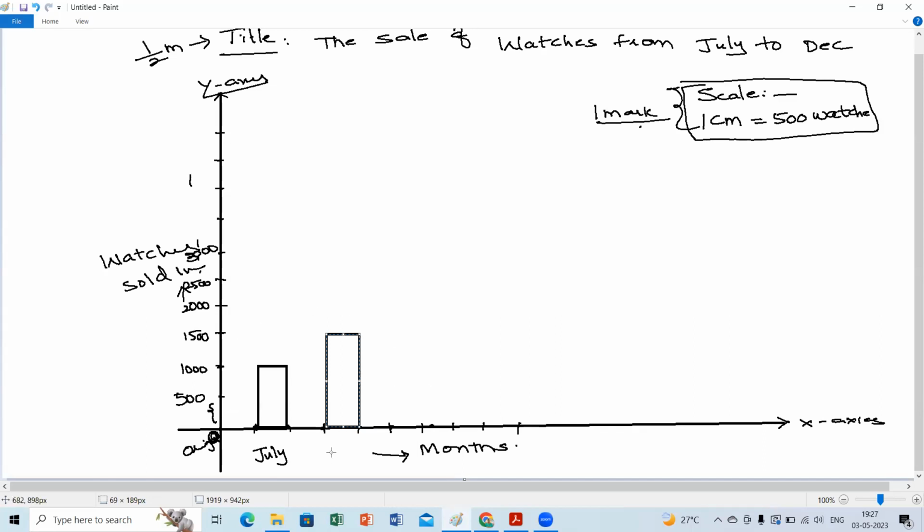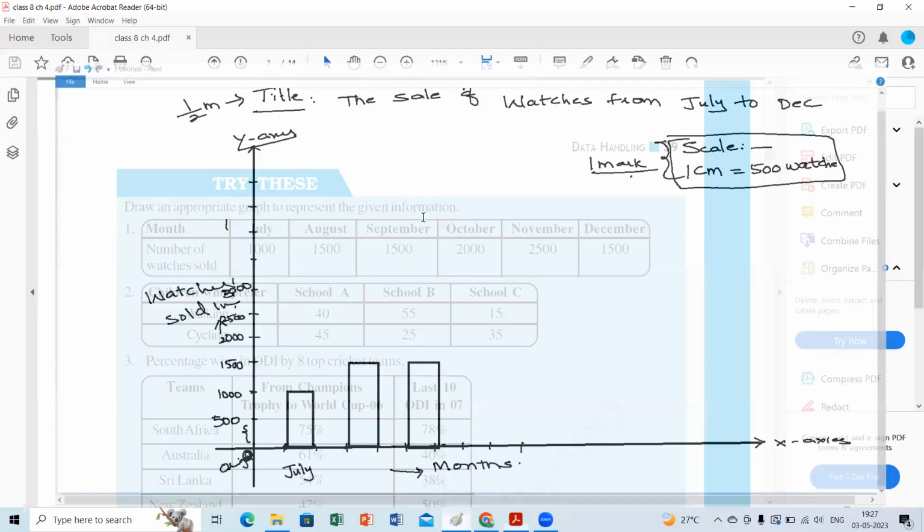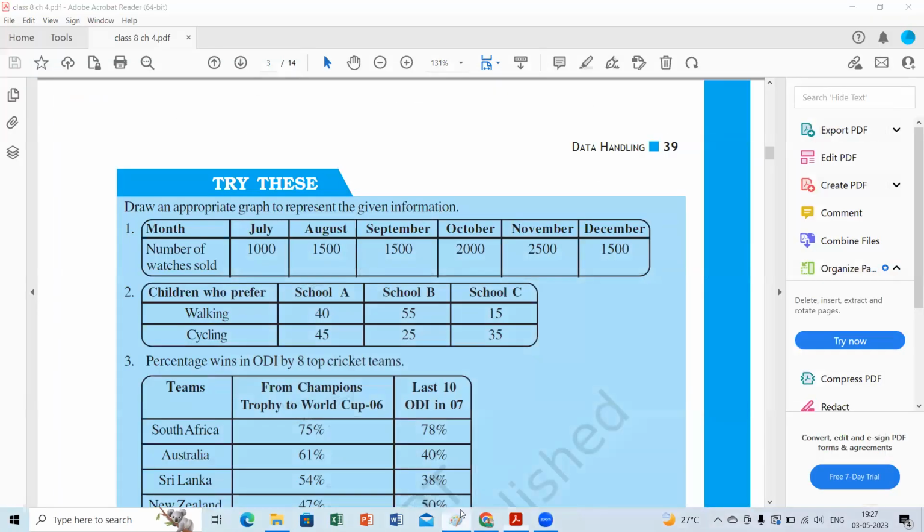This is about July, August, September also once again 1500. Next, October 2000.